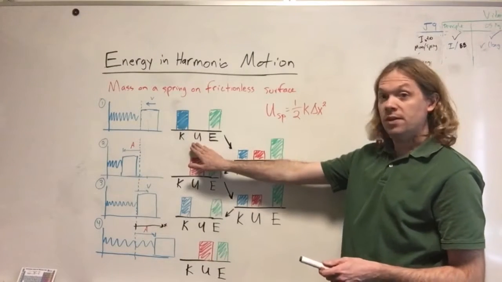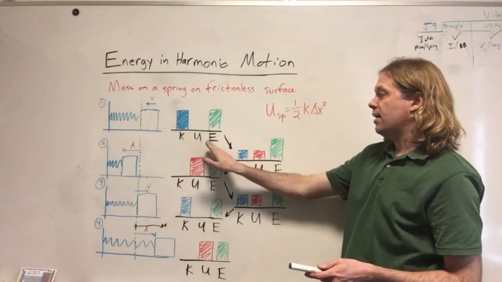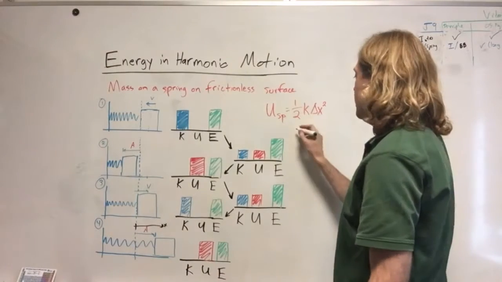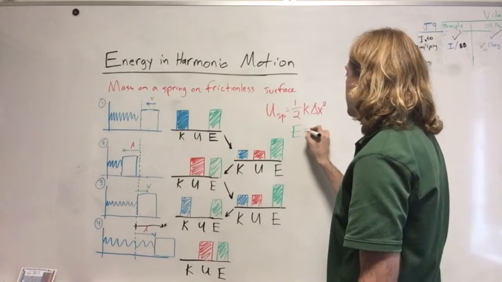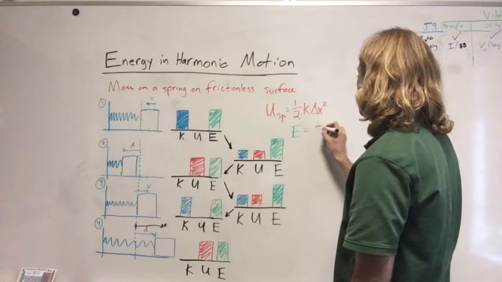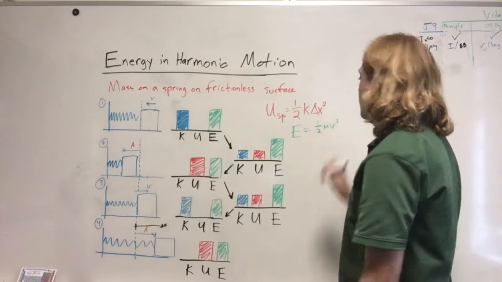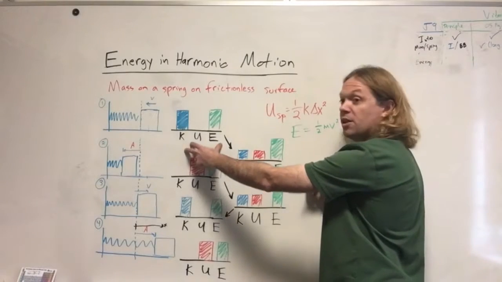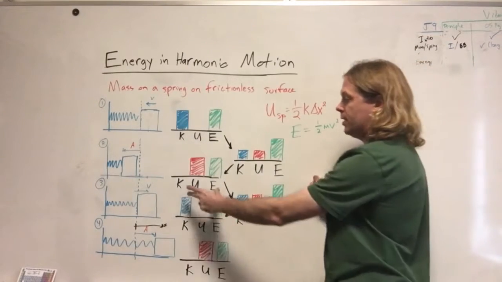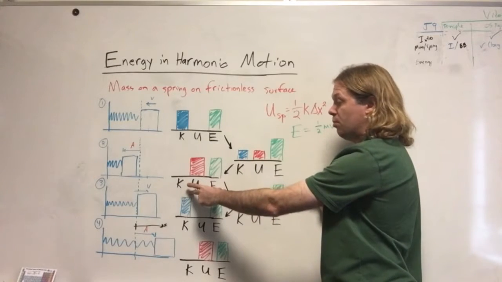So let's start with this one. I can write the total energy in the system as just the kinetic energy. Right here, the total energy is going to be just equal to the kinetic energy, and of course that's just 1/2 mv squared. That's a true statement about this initial point, right? So let's pick another point. I'm going to pick the point of most compression.